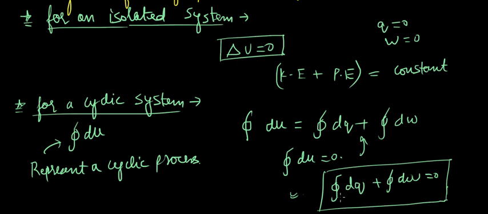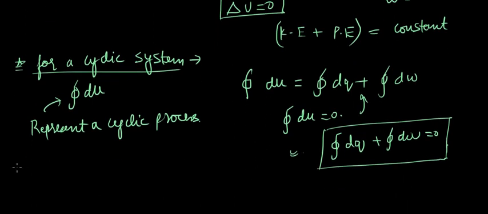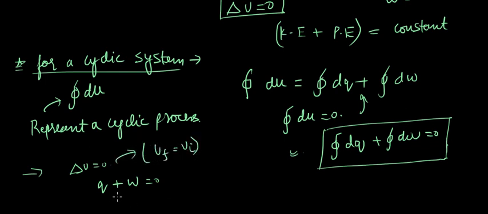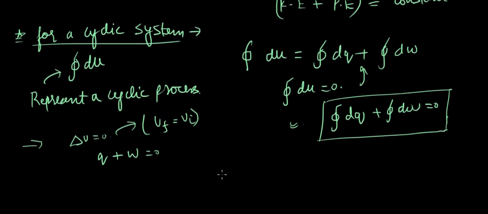Hence the cyclic integral of dQ plus the cyclic integral of dW would be 0. Okay, so we know that delta U is equal to 0. For a cyclic process we can write Q plus W would be equal to 0. So this simply means that Uf is equal to Ui and Q plus W is equal to 0.